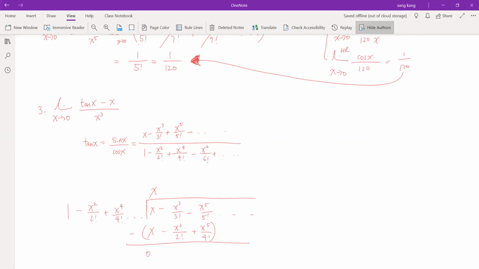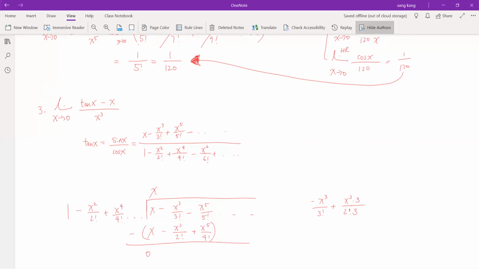This second column I'll have minus x cubed over 3 factorial plus x cubed over 2 factorial. So let's write this on the side. X cubed over 3 factorial plus x cubed over 2 factorial. So it looks like I need a common denominator. So this one, if I multiply a 3 here, that becomes 3 factorial, right?